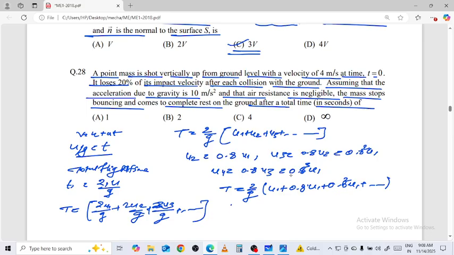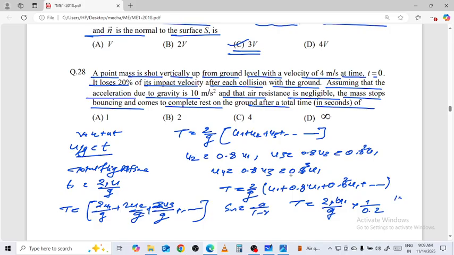So the total infinite series में क्या होता है, 1 minus r. So the time period क्या हो जाएगा, 2 u1 by g into 1 by 0.2. So the value is to be put at 10.